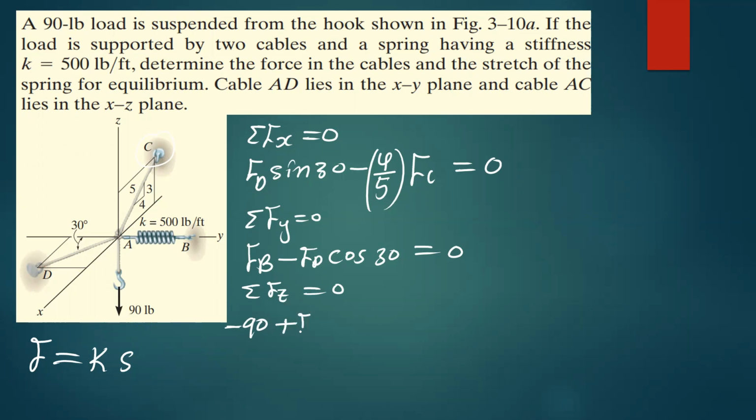And then the side that is representing the z-axis of this rope is simply just 3 there. So we have open brackets 3 over the hypotenuse, which is 5. Then we say this is equal to 0. So now we can find the values of the forces in all the ropes, FC, FB, and FD.